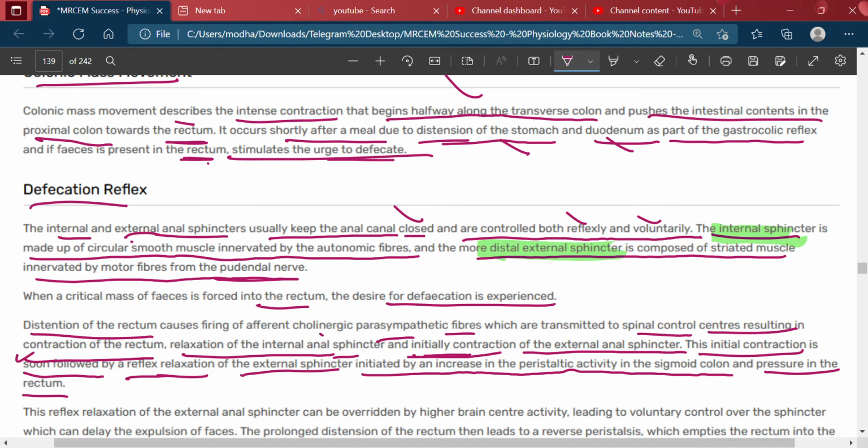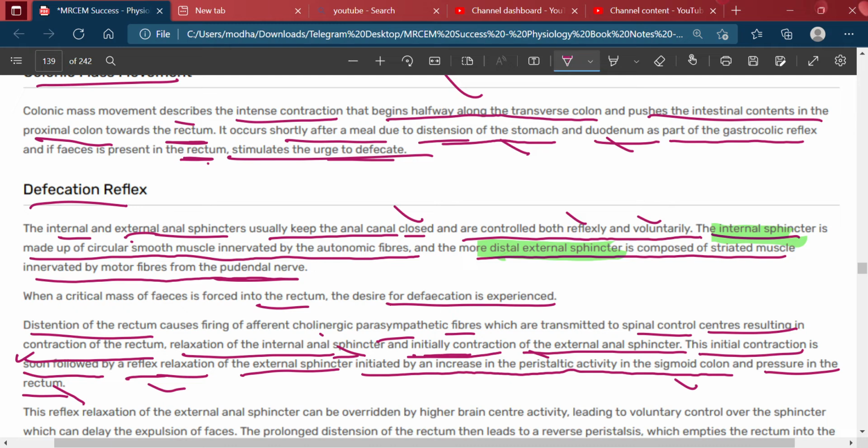Distension will result in contraction of the rectum, relaxation of the internal anal sphincter, and initially contraction of the external anal sphincter. The initial contraction of the external sphincter will be followed by relaxation, initiated by the increase in peristaltic activity in the sigmoid colon and the pressure in the rectum.